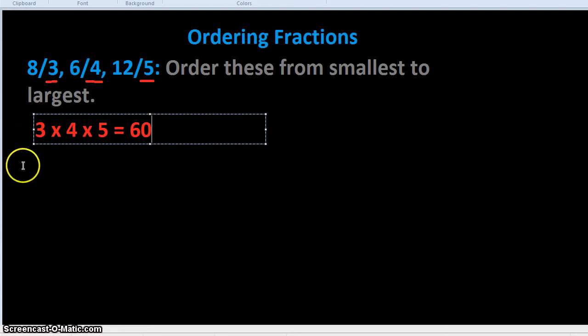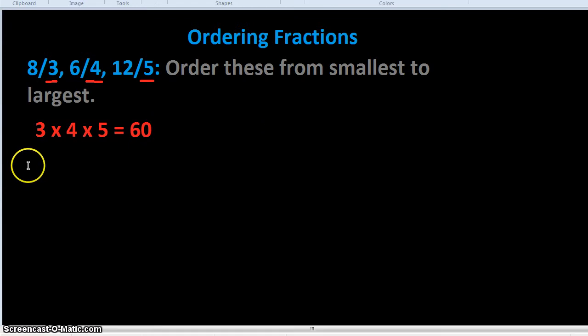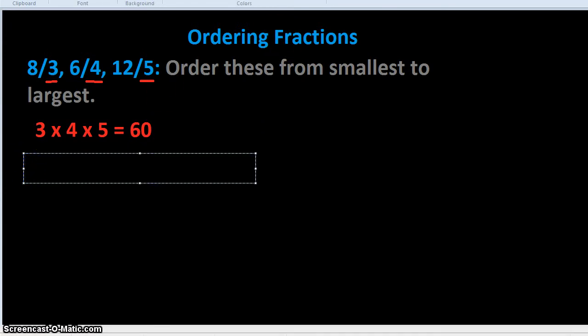Now, as we saw, the way to transform these fractions is to multiply the top and the bottom by the same number. So 8/3, if we want to get it to something over 60, what number do we have to multiply the top and the bottom by? Well, to get 3 to 60, we have to multiply by 20.